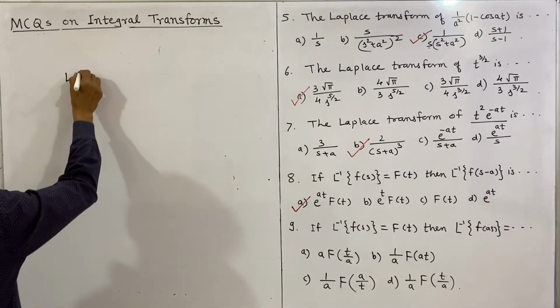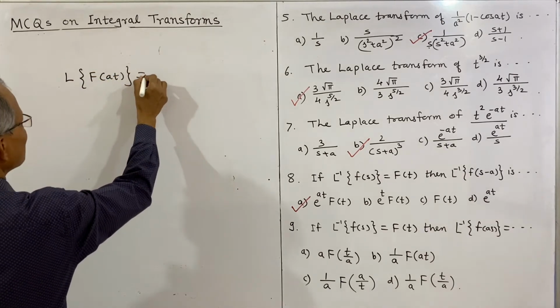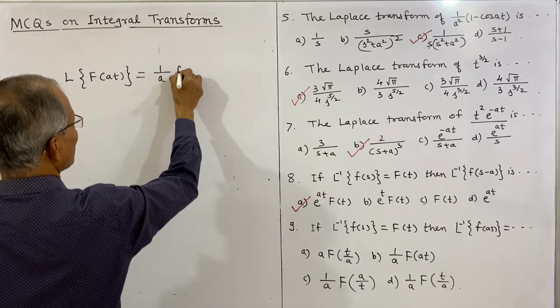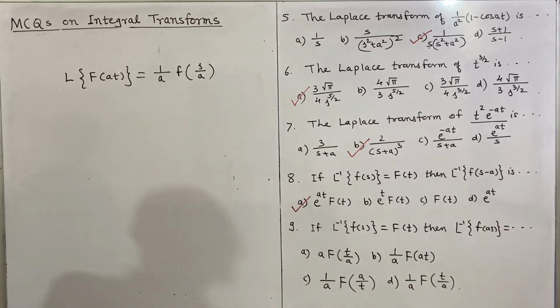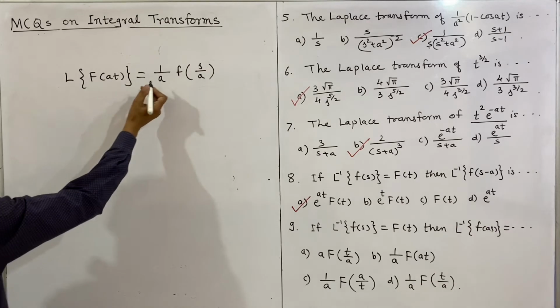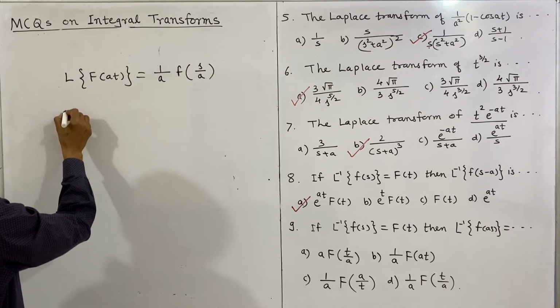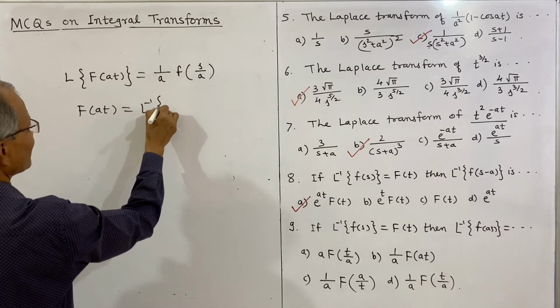We have L of F of at is equal to 1 upon a f of s upon a. So this is the result, and if you take the inversion, F of at is equal to L inverse of.